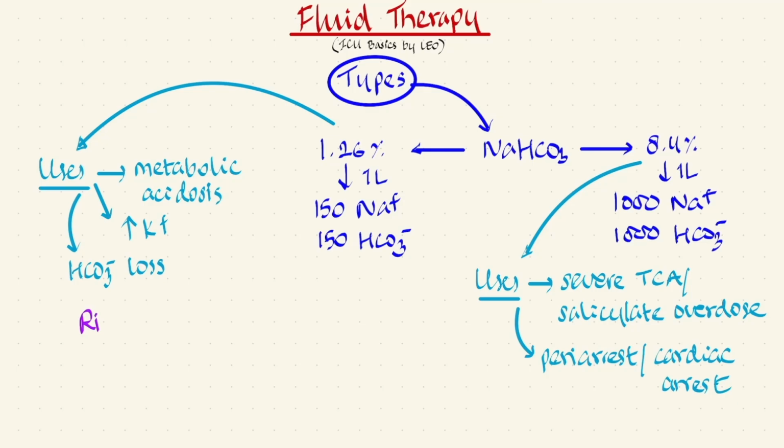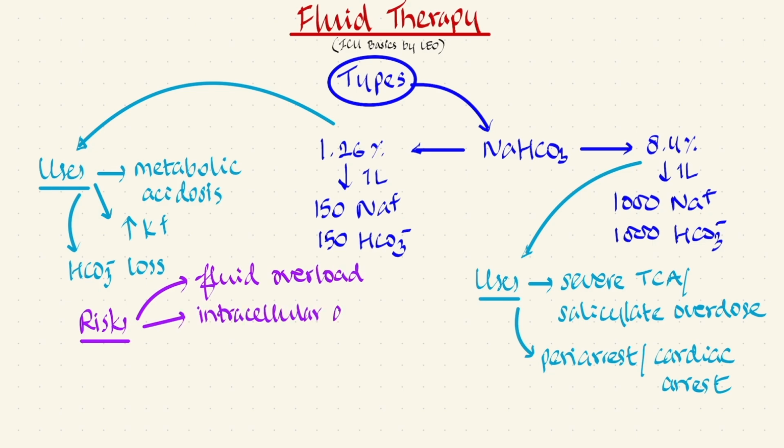The well-known risks of excessive administration of IV sodium bicarb are fluid overload due to high sodium content and paradoxical intracellular acidosis. Here, I'd like to explain the mechanism briefly. IV bicarb that we give will bind hydrogen ion and form carbonic acid, which will dissociate into CO2 and water.